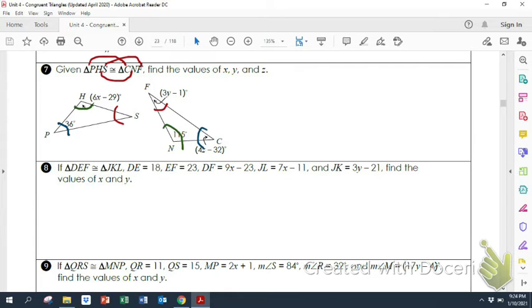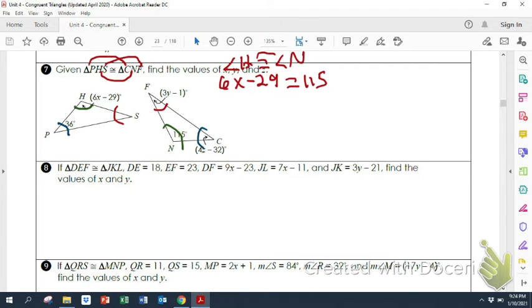All right, so first things first, let's figure out what X is. Well, if we take 6x minus 29, I'm doing that one because we know that angle H is congruent to angle N. So I can say that it's equal to 115 degrees.